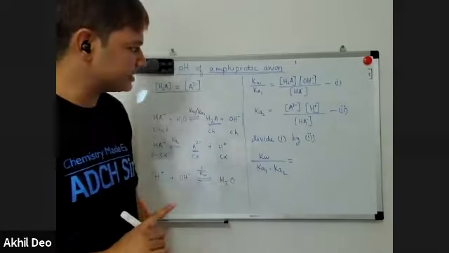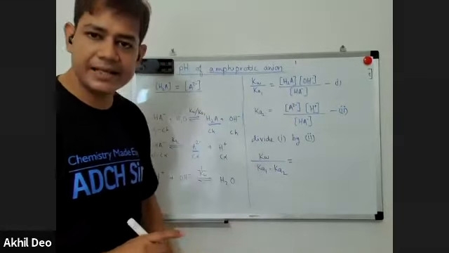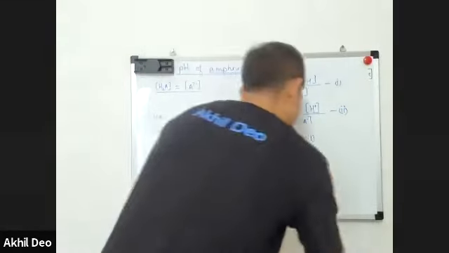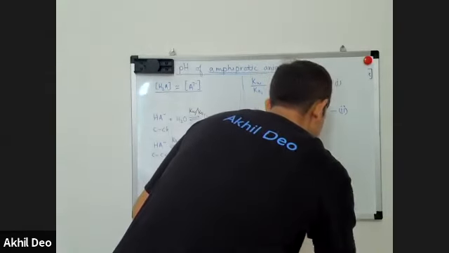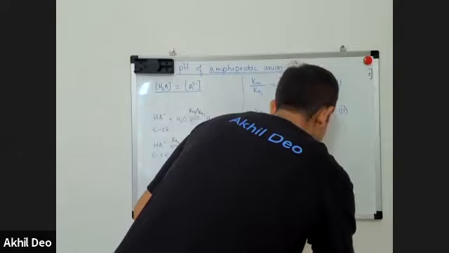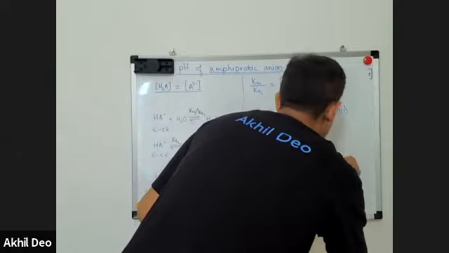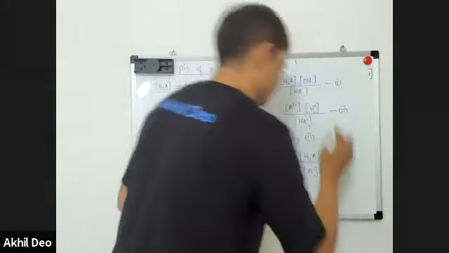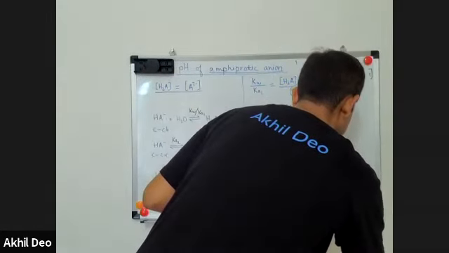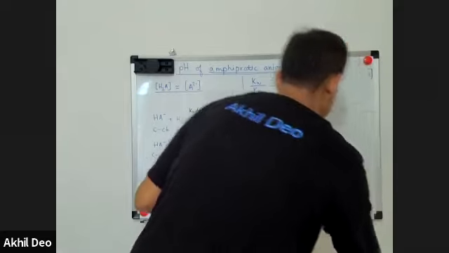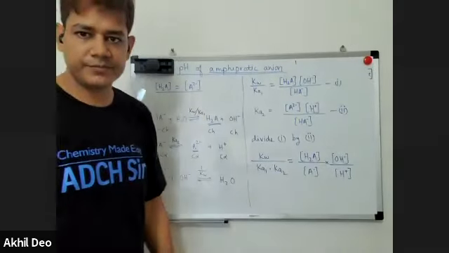What do we get on the right hand side? HA minus will be cancelled out. We'll get concentration of H2A upon concentration of A2 minus into concentration of OH minus upon concentration of H plus. This is the expression we get on the right hand side.